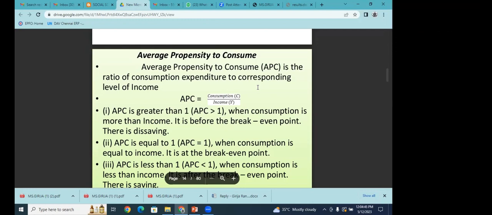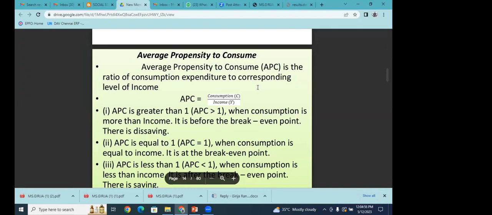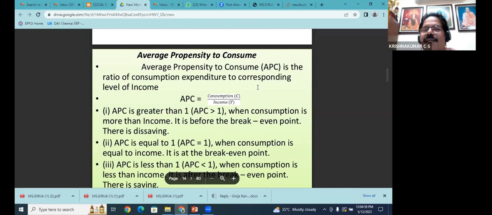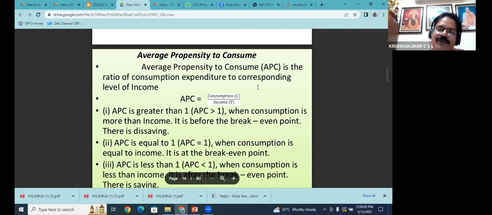What will be your APC? APC can never be negative, sir. 0.5. Or we can say 50%, 1/2 or 0.5, or in percentage terms 50%. Very simple, no?